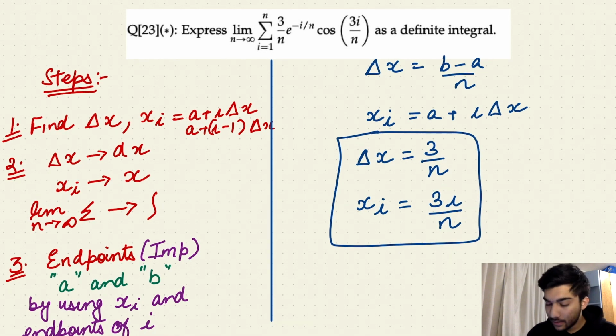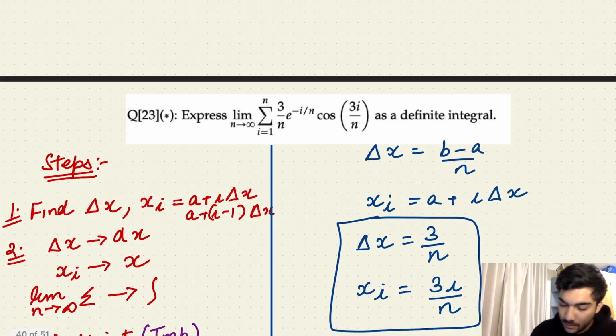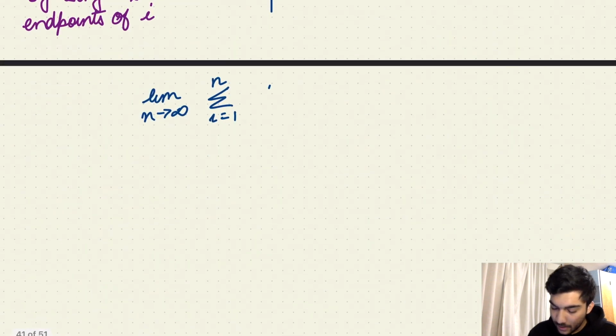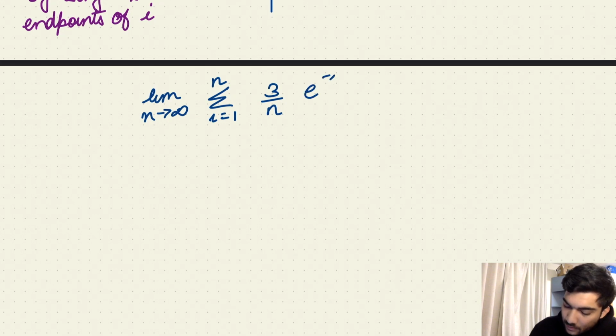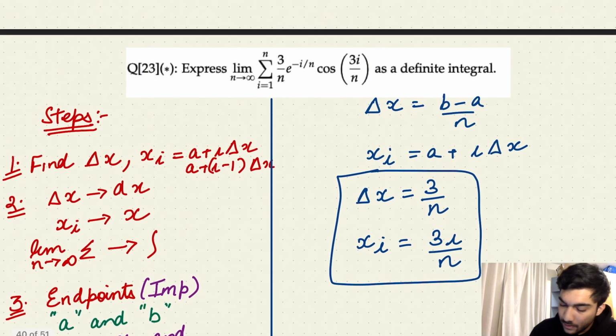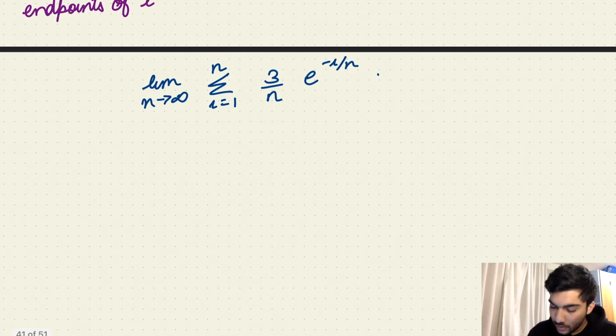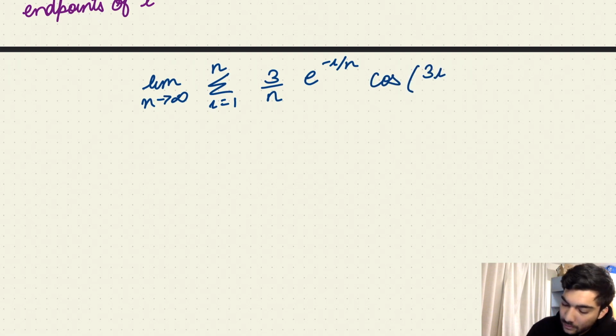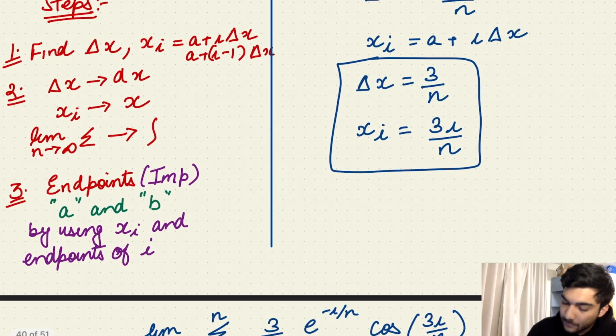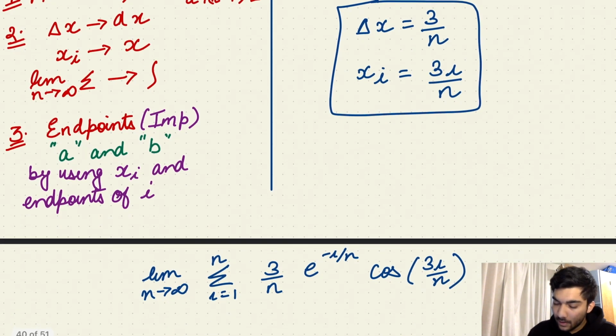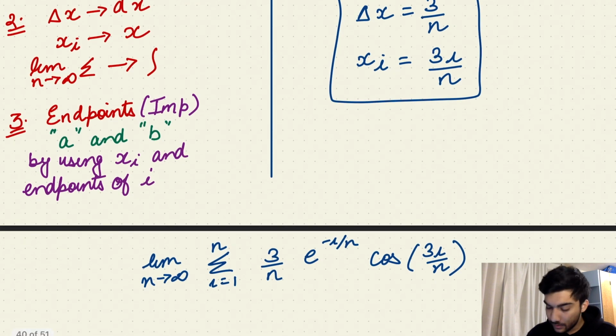So let's do that. I'll write the sigma notation again. So I have my sigma notation, which is the limit n goes to infinity, sigma i goes from 1 to n, 3 by n, e to the power minus i by n, cos 3i by n. And based on delta x and xi, let's convert all those terms.